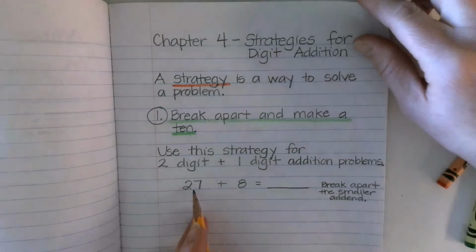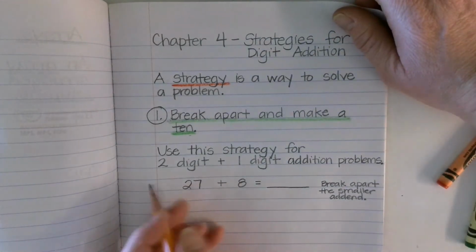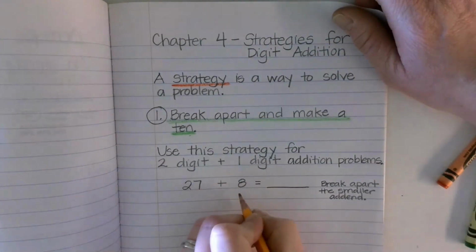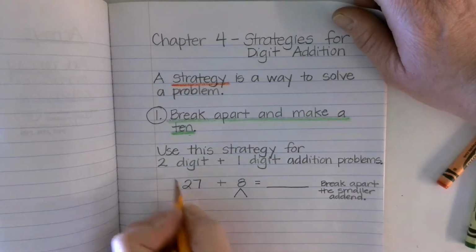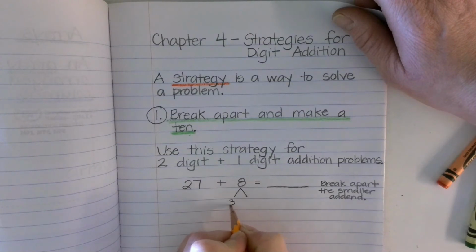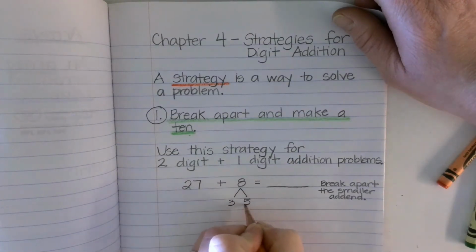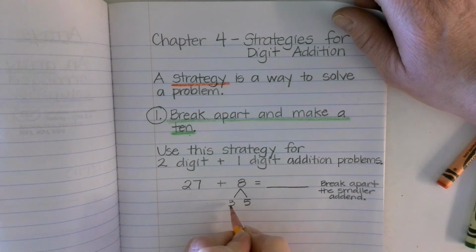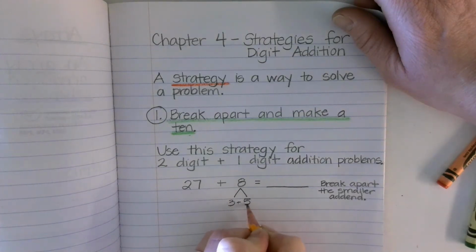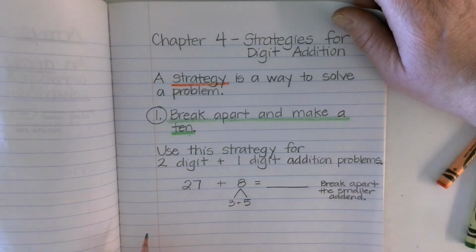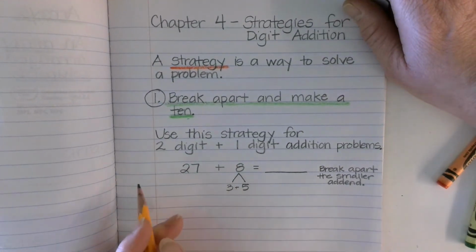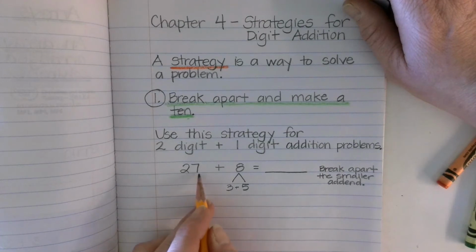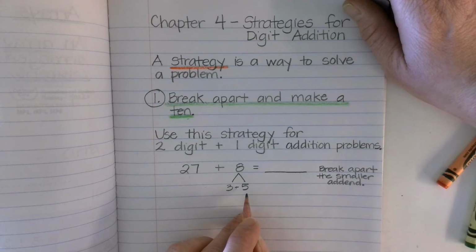He needs a 3. All right. So Mr. 8 is going to break apart. So he's going to put up his tent. And he's going to break apart into a 3 and a 5. Because 3 plus 5 is 8. Okay? So now we have pretty much 27 plus 3 plus 5.